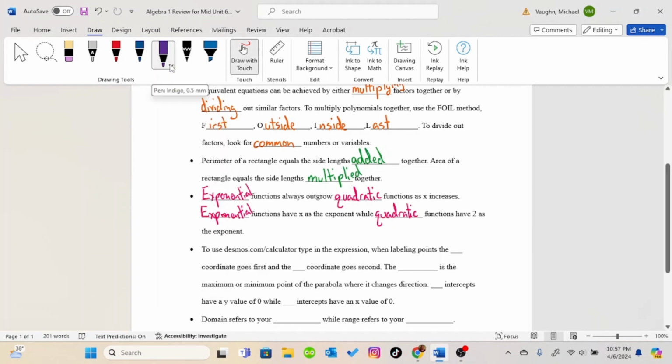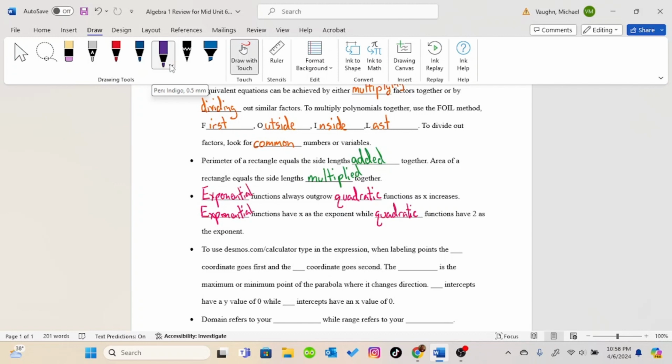To use the Desmos.com calculator, you want to type in the expression and it will show you the graph. And on your test, it will tell you to use graphing technology to graph an equation they give you, and then they want you to sketch it in the test.